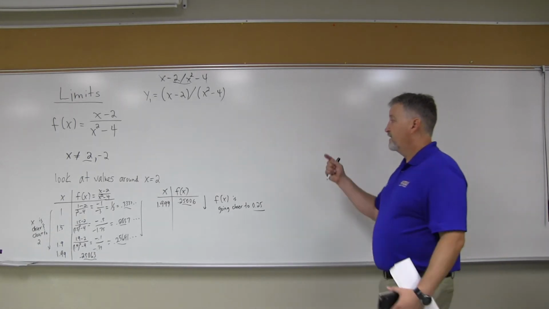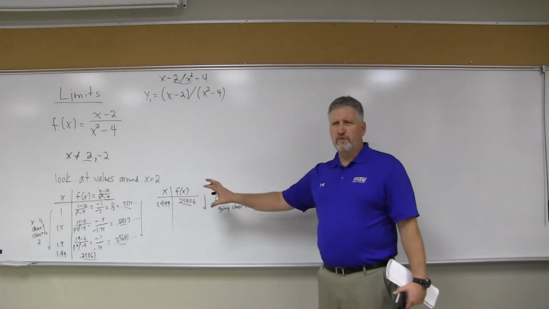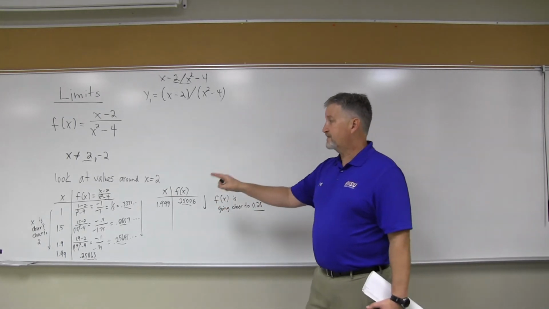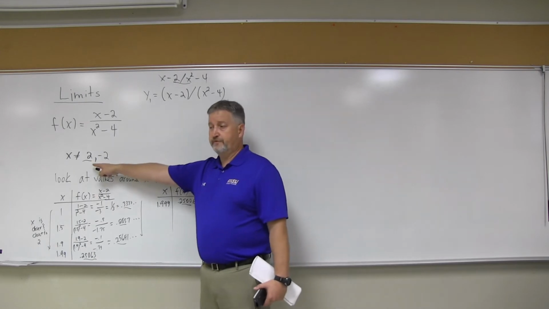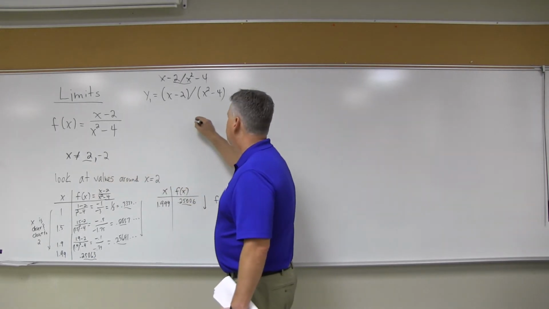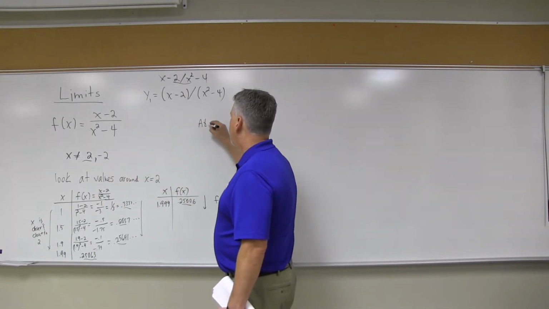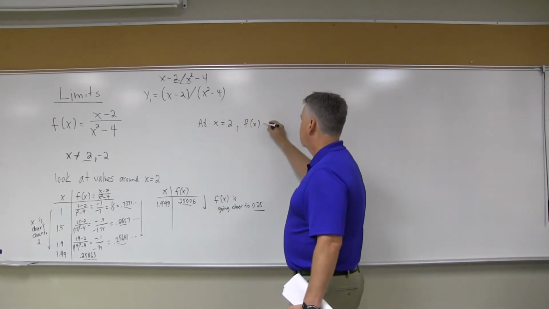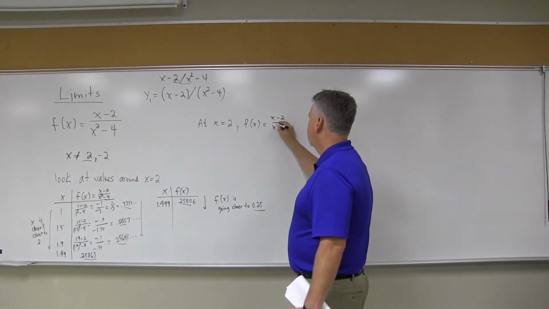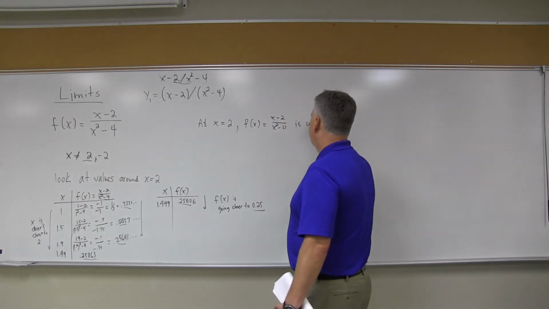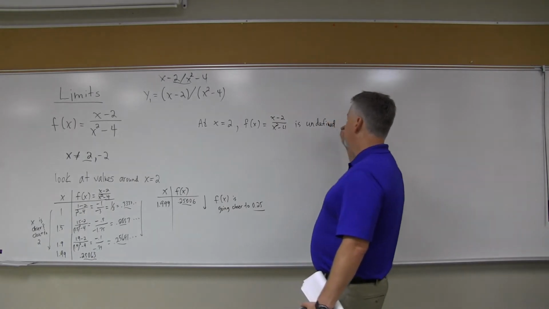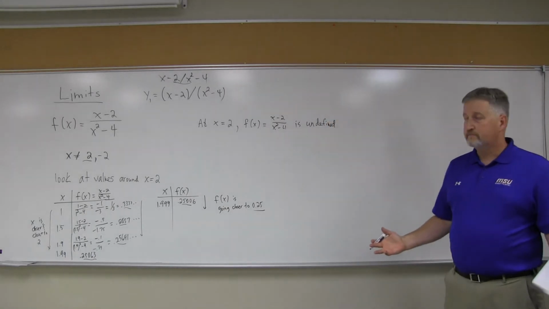There's a little more we've got to explore here, but as x approaches 2, at x equals 2, f of x equals x minus 2 over x squared minus 4 is undefined, okay? There's no way around that. Denominator is 0, and you just can't divide by 0.